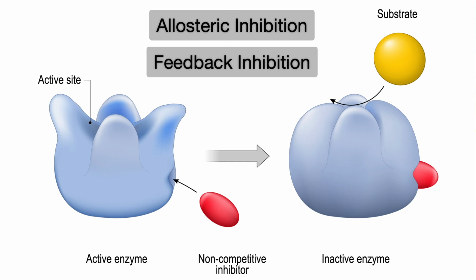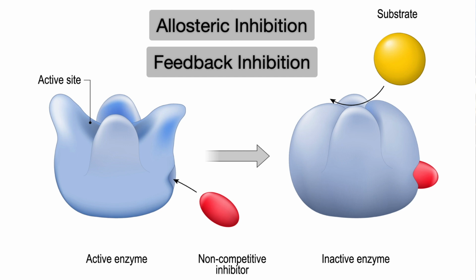So what's happening here is you've got this red inhibitor, and it's binding to some other area. In non-competitive inhibition, another way to say that is allosteric inhibition. So in non-competitive or allosteric inhibition, you have an inhibitor that's binding to the enzyme at a site that is different from the active site.